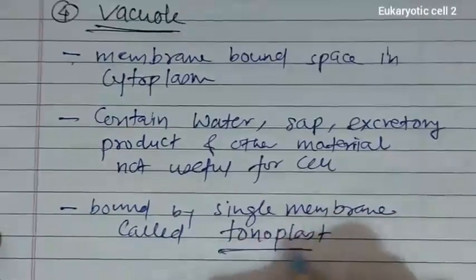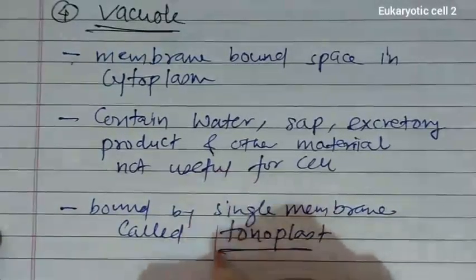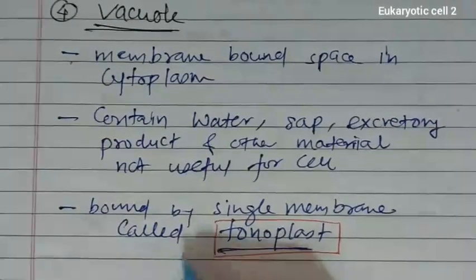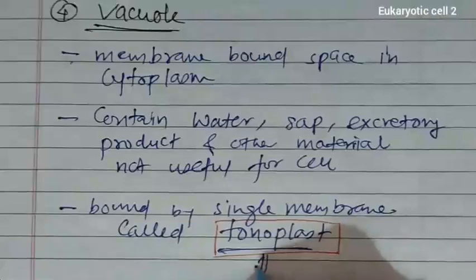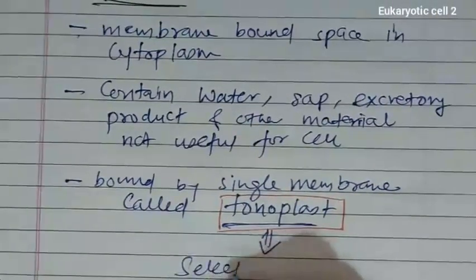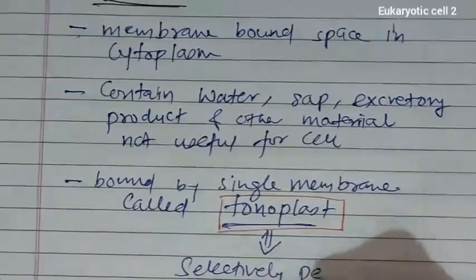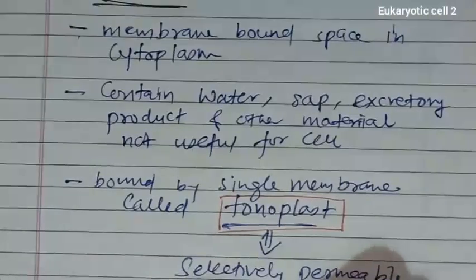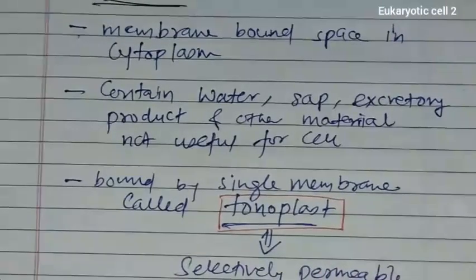So remember, this is an important term: the membrane of the vacuole is known as tonoplast, and this tonoplast is a selectively permeable membrane.